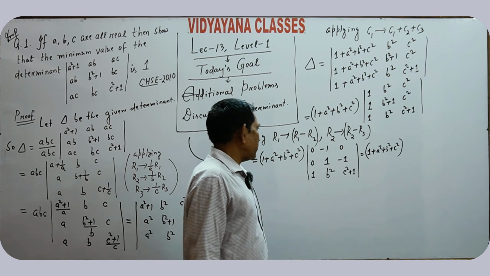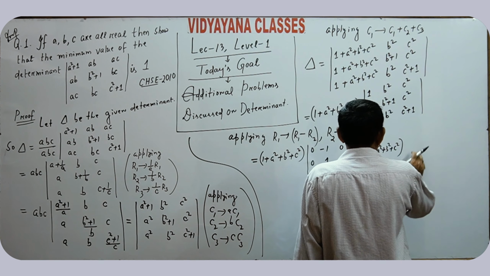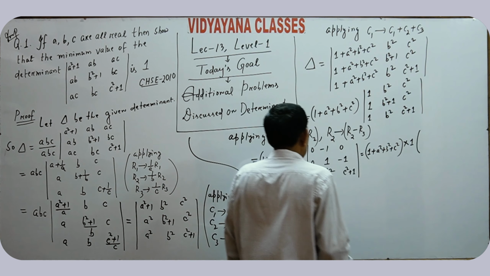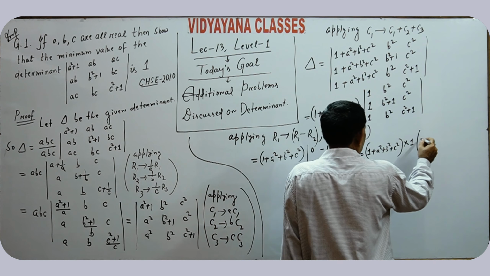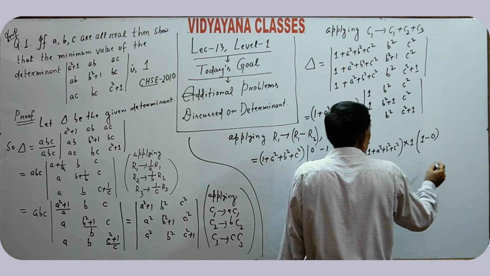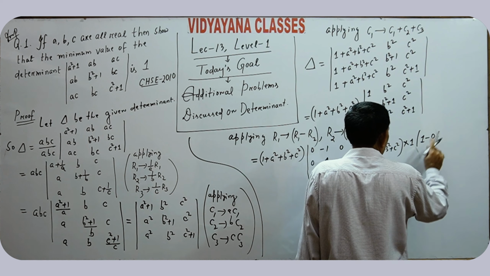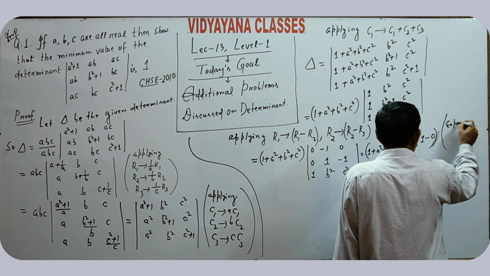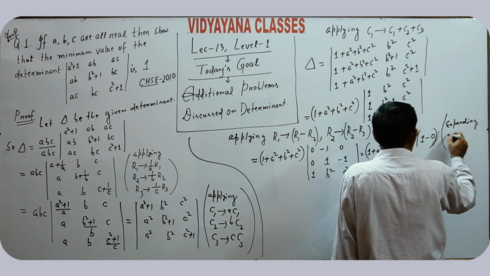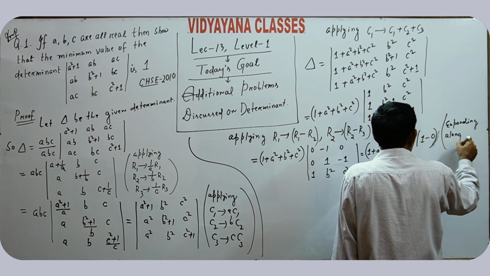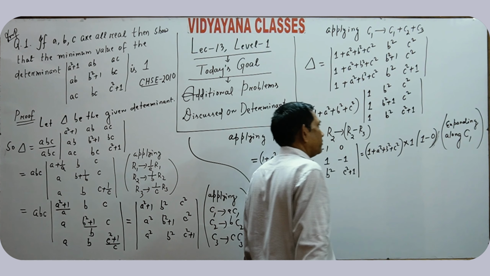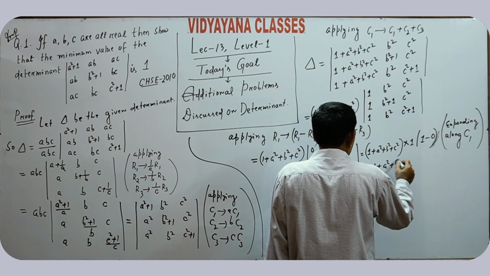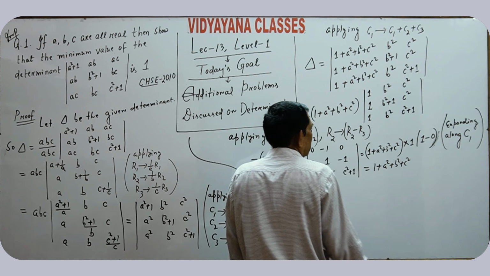Expanding along column 1, into 1, 1 minus 1 into minus 1, 1 minus 0, which is equal to 1 plus a square plus b square plus c square.